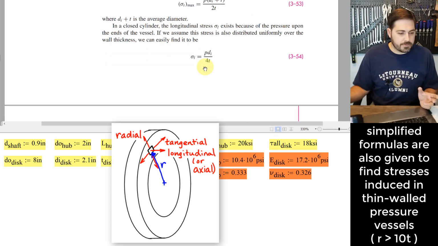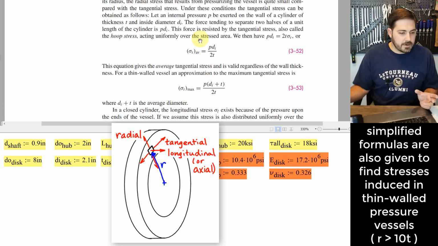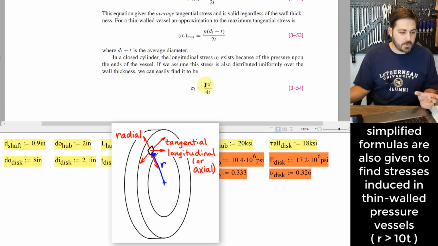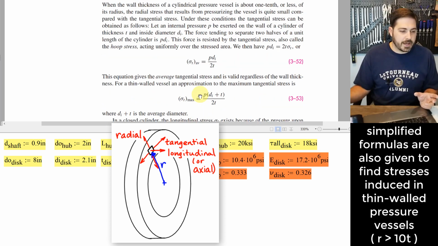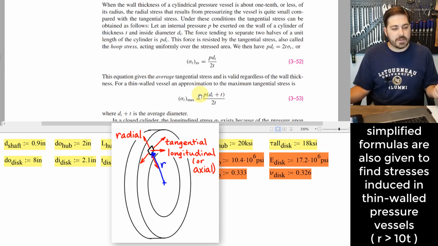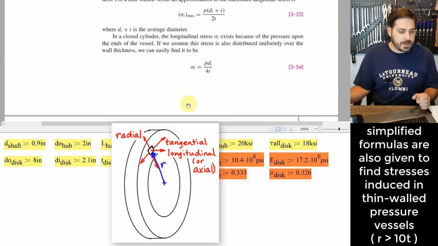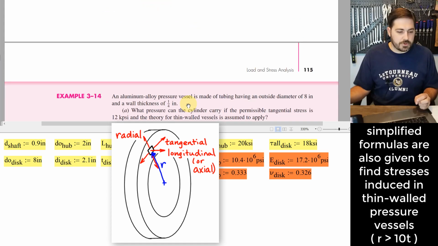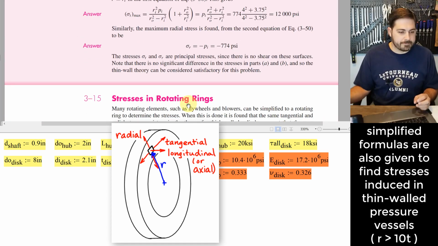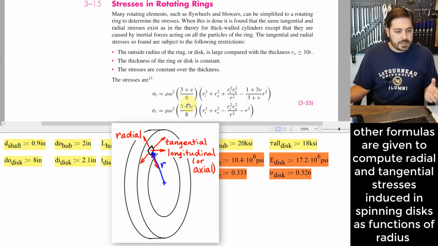All right, and for all three, both the tangential as well as the longitudinal, you kind of ignore the radial component whenever you're using these thin-walled assumptions.